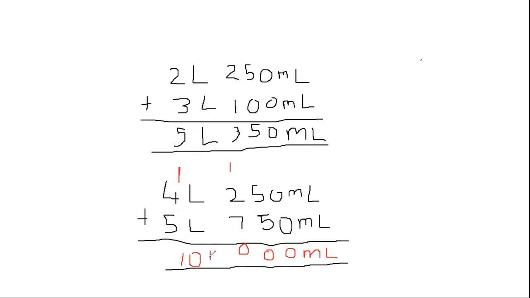And it becomes liters. So all in all, there's no milliliters anymore. All in all, I have 10 liters. The minute this becomes 1,000, it goes to the other side, because that means now I have no more milliliters. I have 10 full liters.